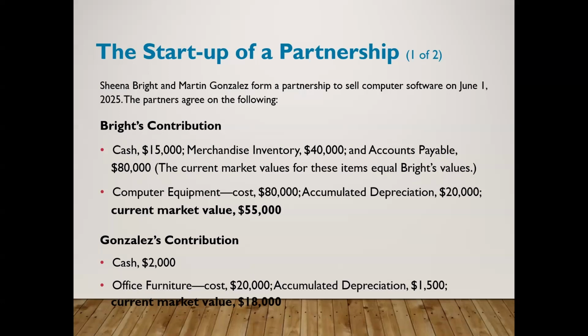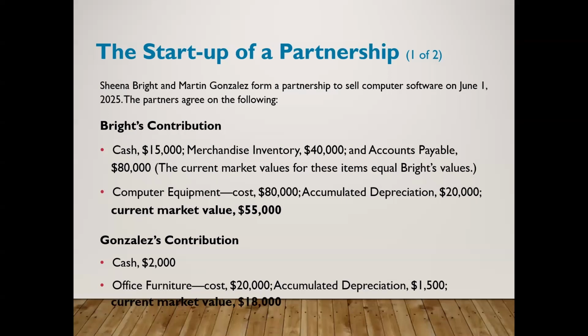Suppose Gina Bright and Martin Gonzalez form a partnership to sell computer software on June 1st, 2025. The partners agree on the values shown on this slide. Bright's contribution is cash, $15,000, merchandise inventory, $40,000, and accounts payable, $80,000. The current market value for these items equals Bright's values.